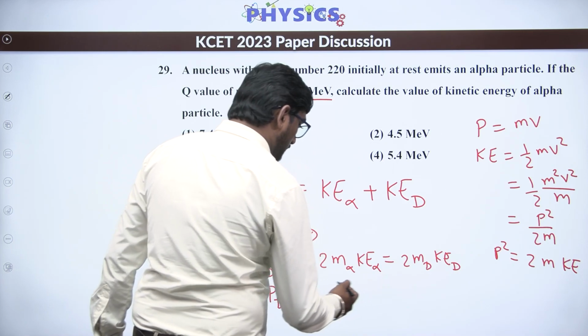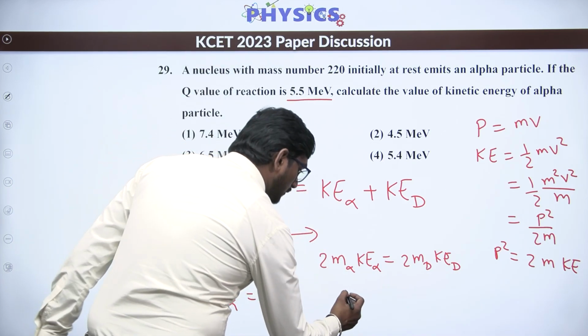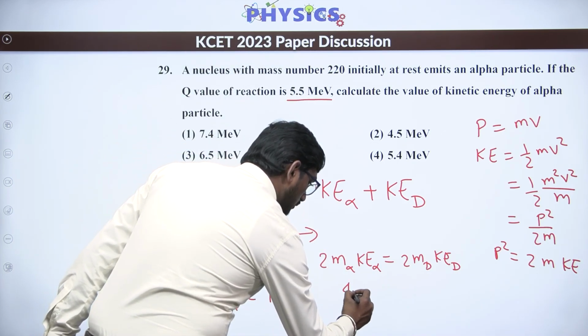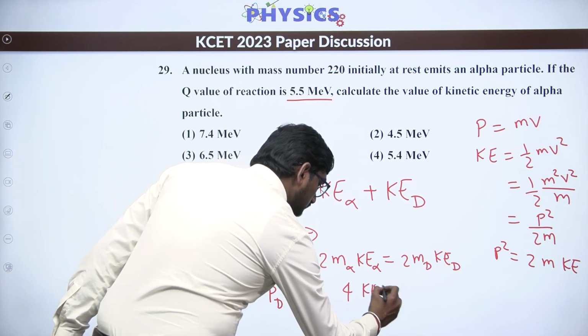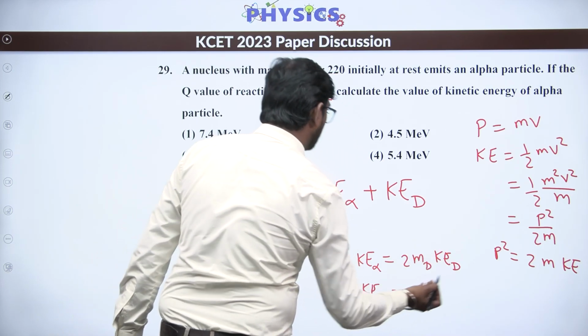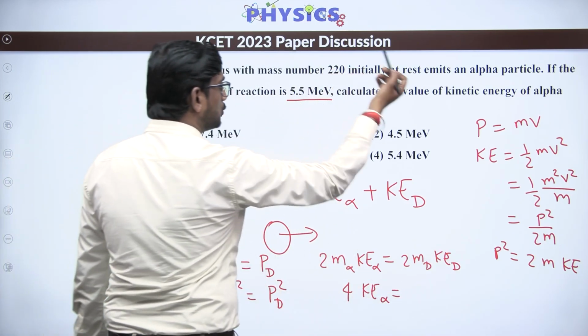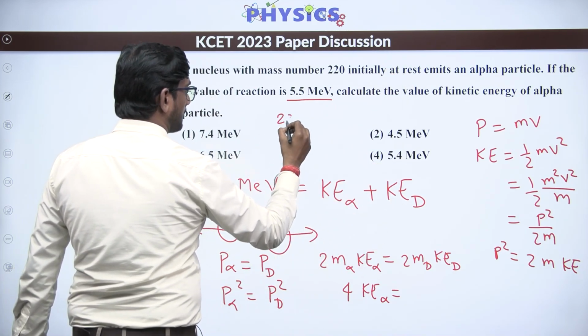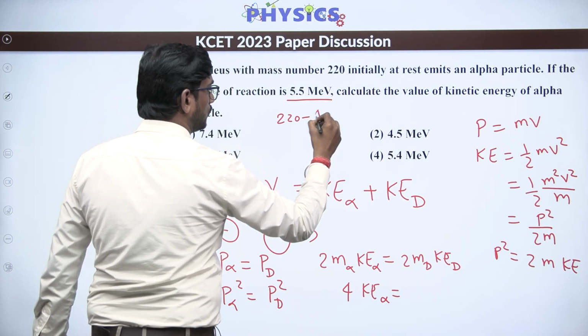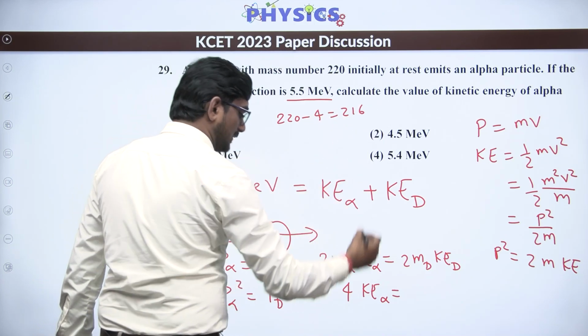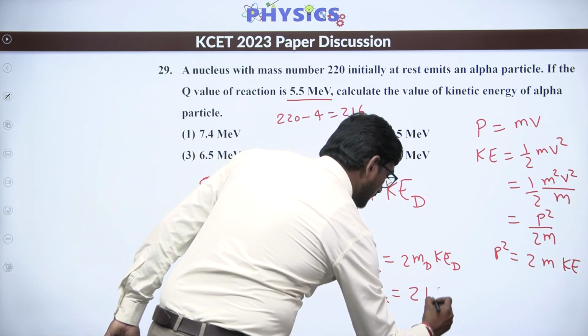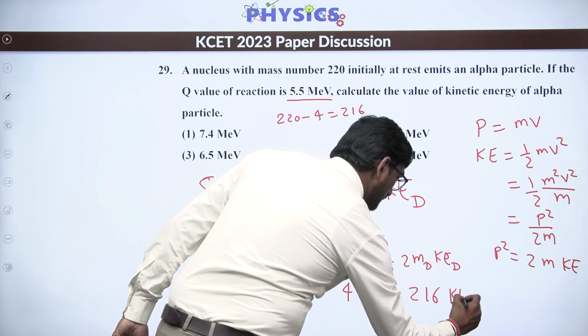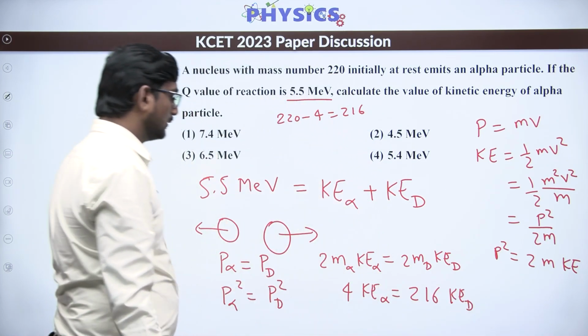From here, the mass of the alpha particle is 4. And what is the mass of the decayed particle? Total was 220, so it is 220 minus 4, that is 216. So it can be written as 216 times the kinetic energy of the decayed particle, right?